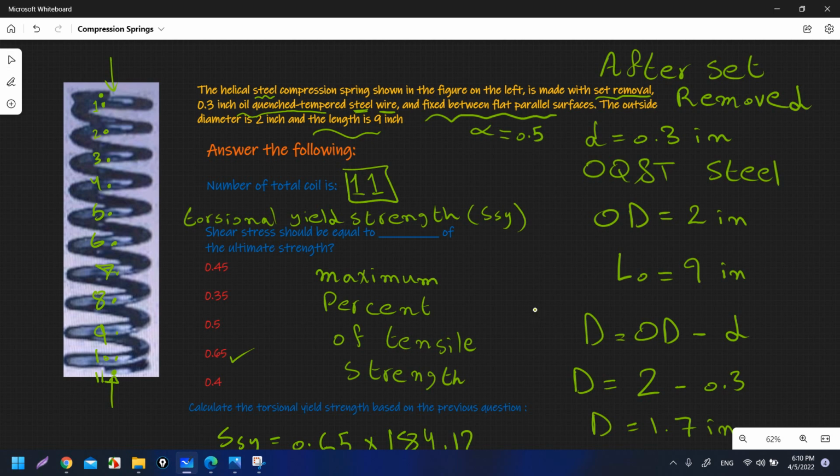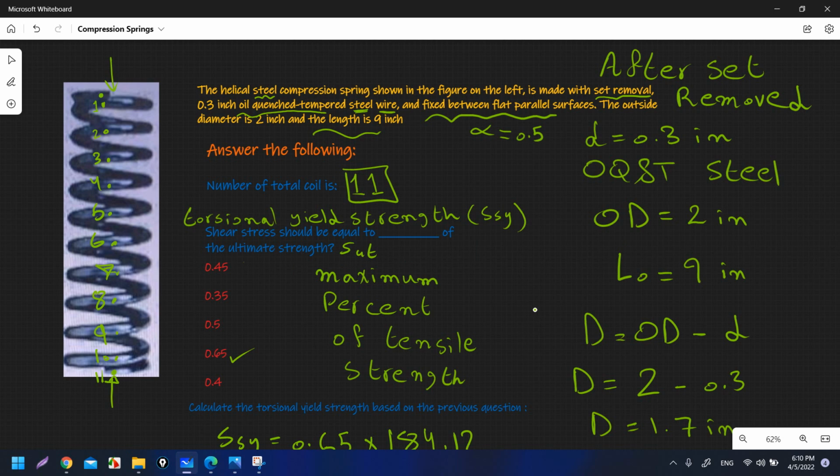In the question, he said the shear stress should be equal to a percent of the ultimate tensile strength. So it is a percentage of the ultimate tensile strength SUT. He said shear stress, and I don't like this word, because usually we say torsional yield strength SSY. So he means the torsional yield strength.